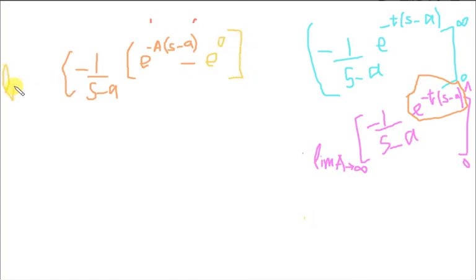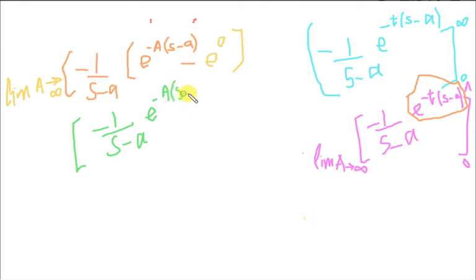The limit as a approaches infinity, so this term will become minus 1 over s minus a, times e raised to power minus a times s minus a, minus 1.